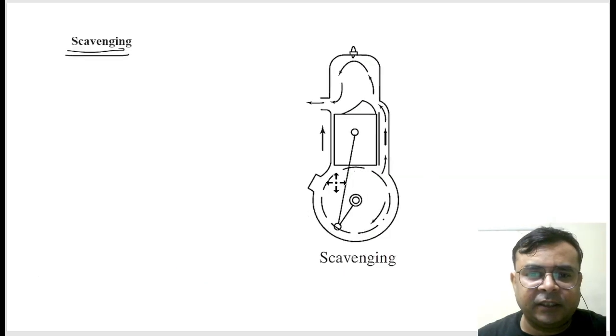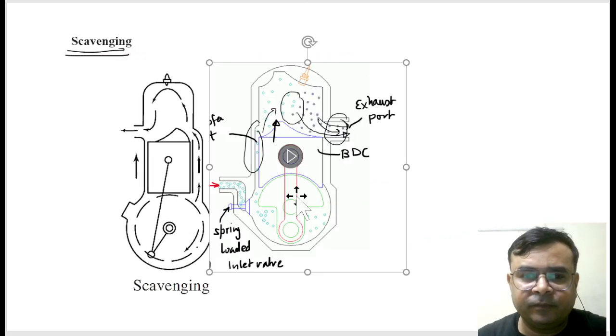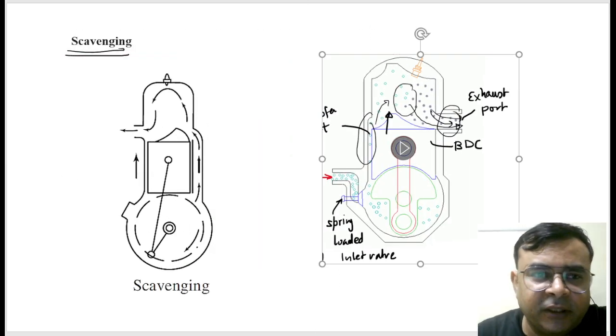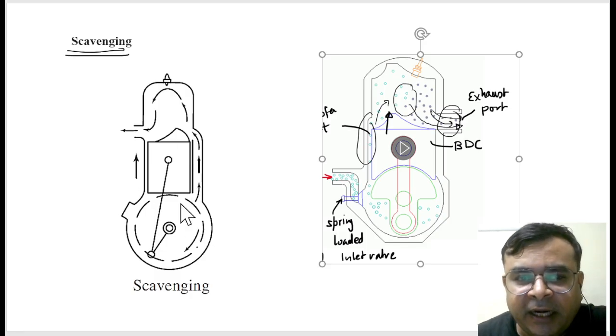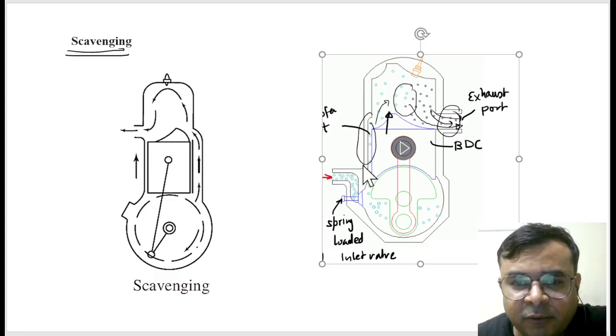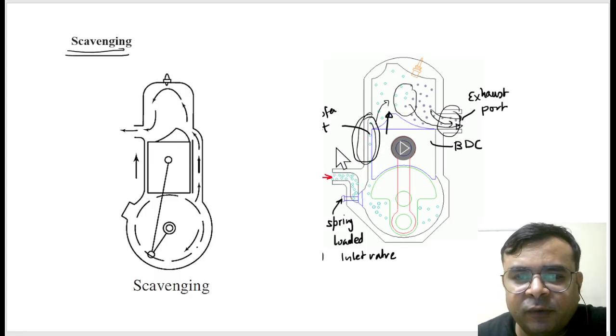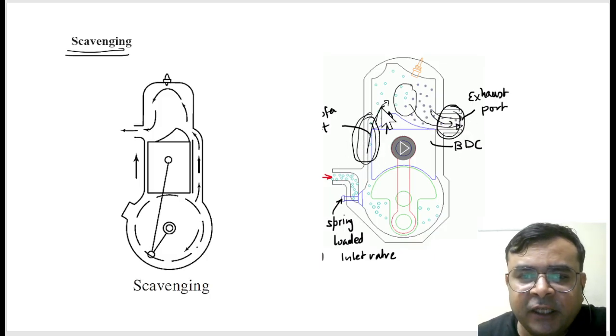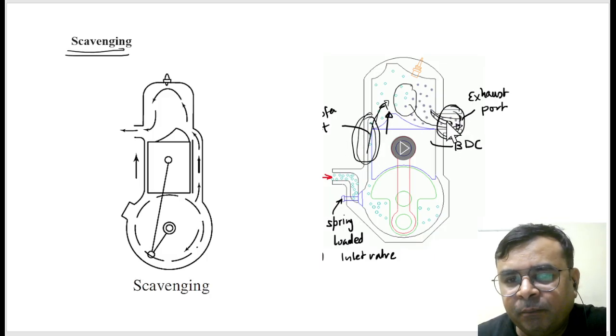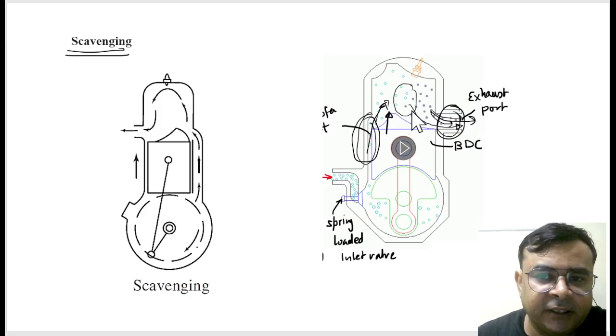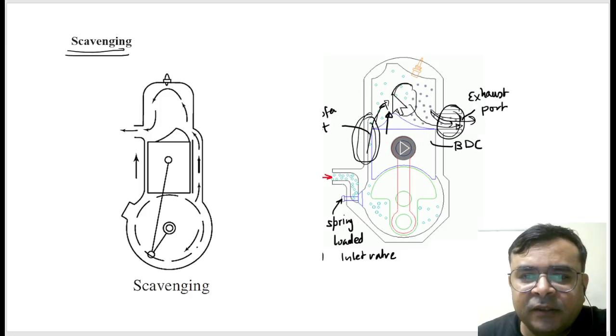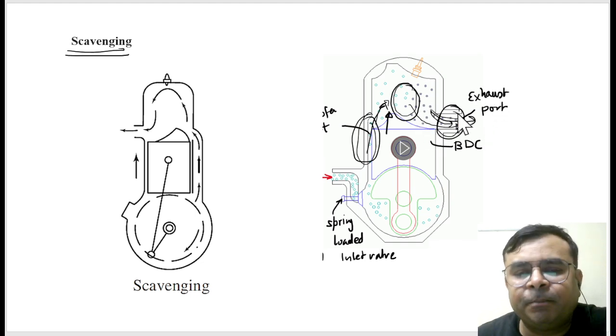I'm just explaining to you, just correlate both the figures. At this stage the transfer port is open, the exhaust port is open, fresh charge is entering into the cylinder, and burnt charge is escaping from the cylinder. Sometimes this fresh charge can also escape along with the burnt charge.